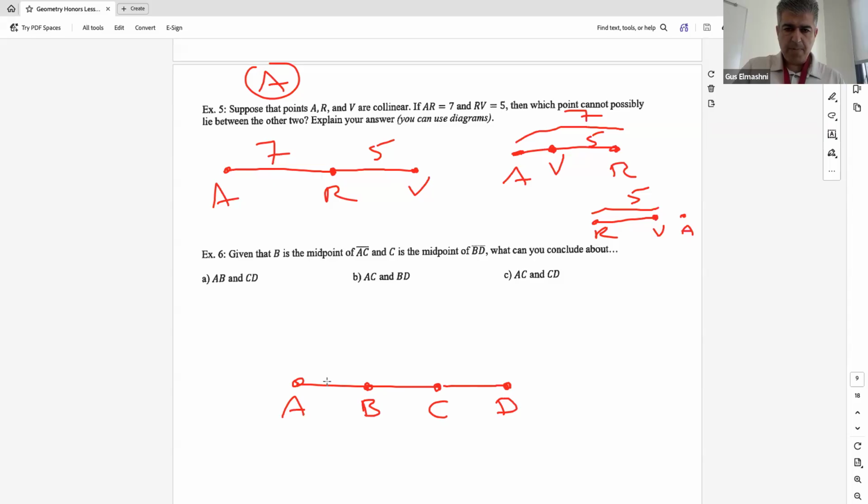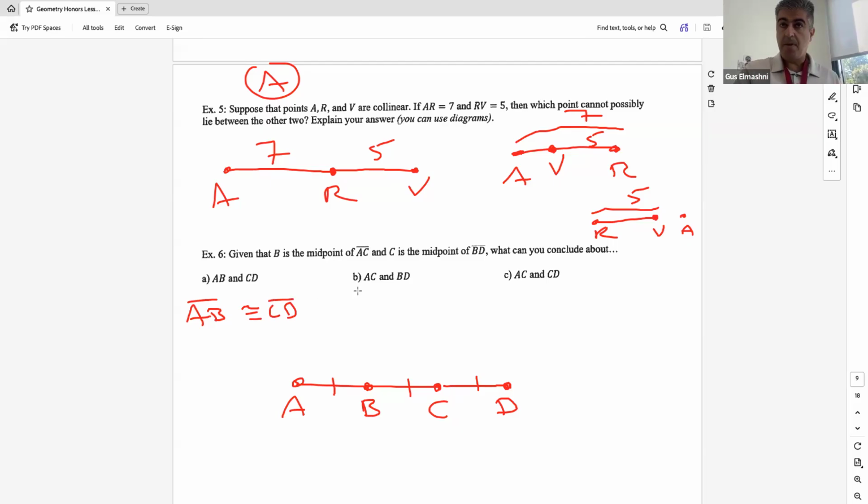We know B is halfway between A and C, and C is halfway between B and D, right? So what's true about AB and CD? They're congruent, yeah. So AB is congruent to CD.